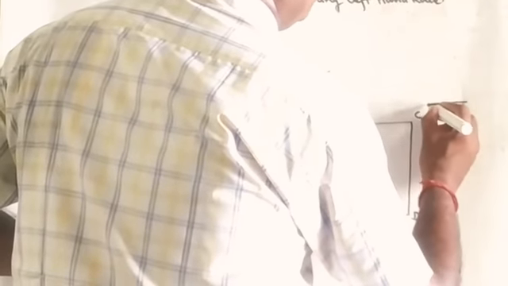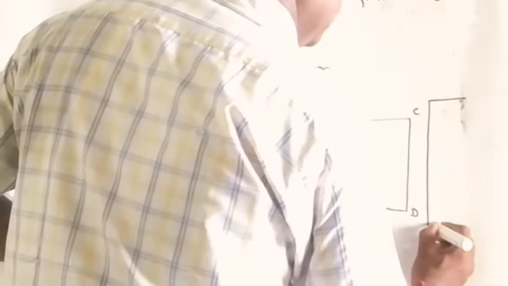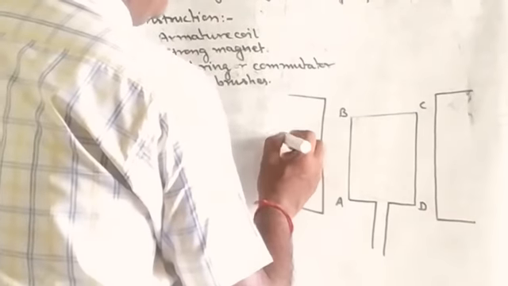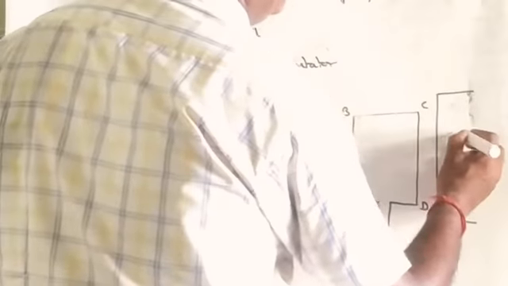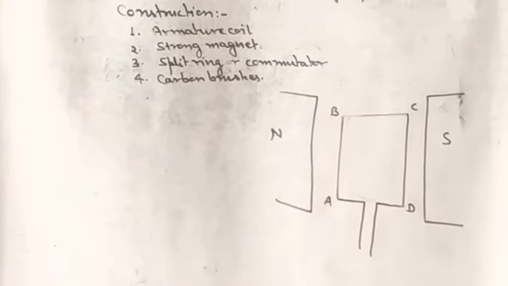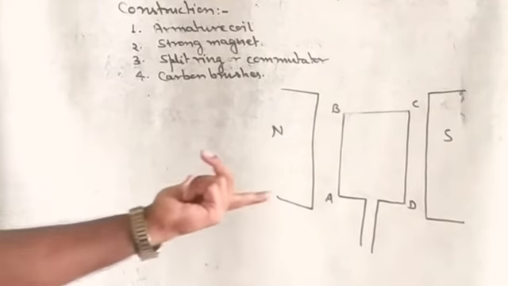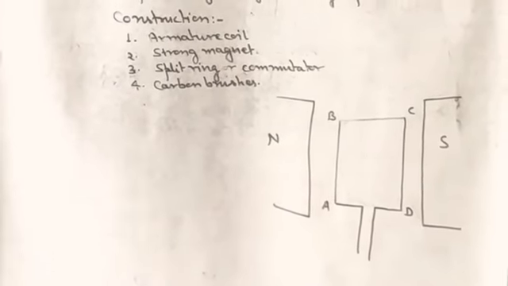This is the pole of a strong permanent magnet. Suppose this is the north pole and that is the south pole. Clear? Strong magnet, horseshoe magnet.